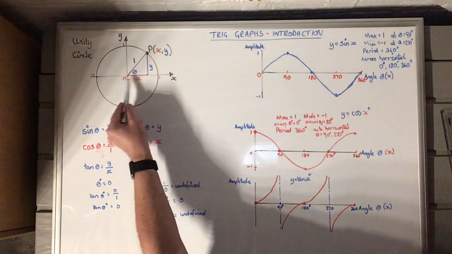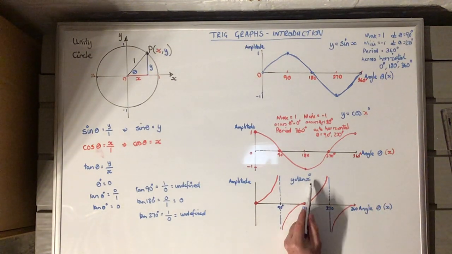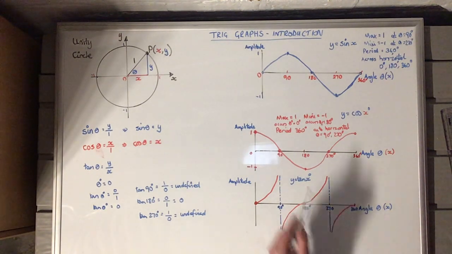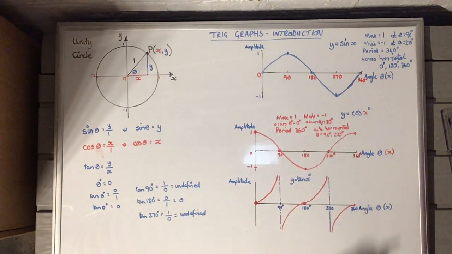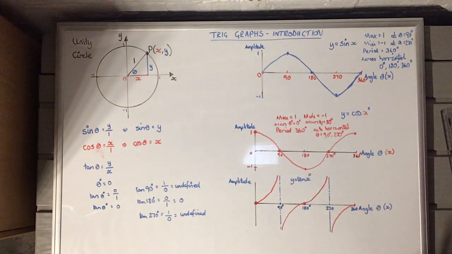It's not the x coordinate, it's the angle, but they tend to, rather than using theta, use x degrees. So, we can't find a maximum value, we can't find a minimum value. We can find out when it crosses the x-axis, and we can find the period as well.